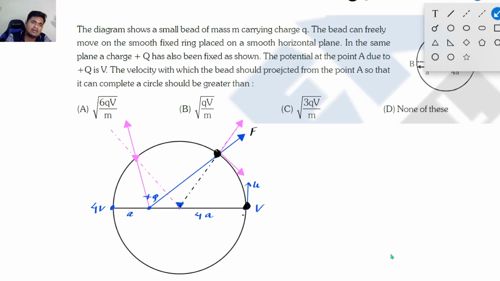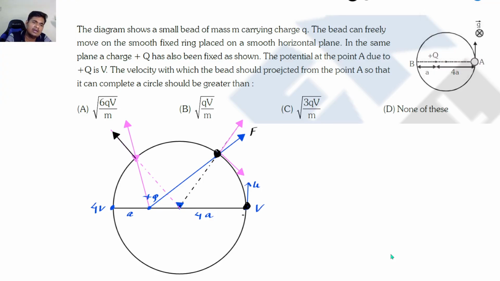One is along the radial line, which will have zero effect on the speed, and the other component will try to retard its speed. That means when the particle moves from here to here, one component of force, which is opposite to its velocity direction, always tries to retard it.